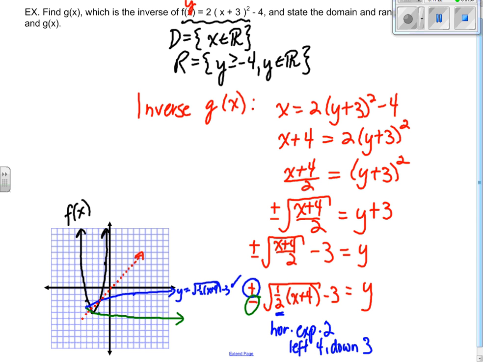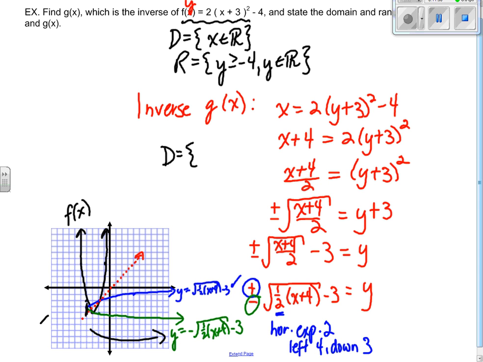We can write it separately as two functional arms. Notice that the domain and the range for g of x are rather different than the domain and range for f of x. Just by looking, the domain appears to start here and move everything to the right.